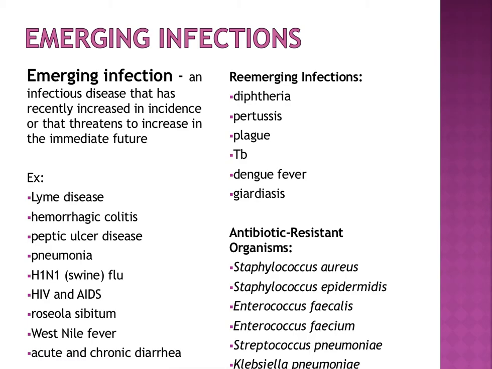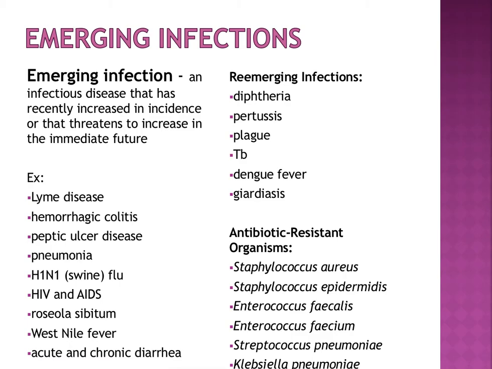Tuberculosis is considered a re-emerging infection because we're seeing it more. Some other examples: Lyme disease. Further emerging infections. So the increased incidence that threatens to increase in the immediate future.